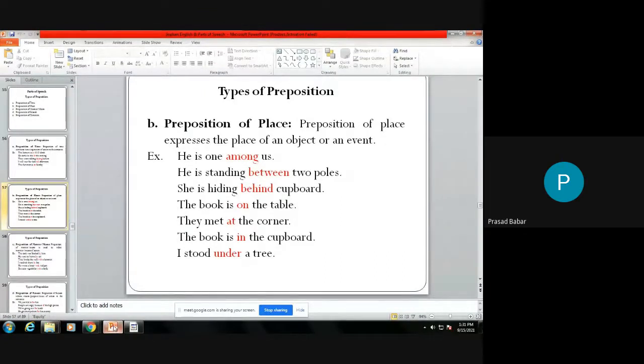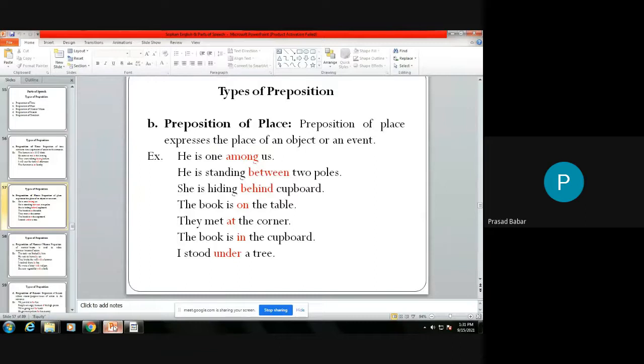If we ask the question, it will answer: between two poles. So between is the place showing word. At which place that object, or that person, is standing, this is called the preposition of place.